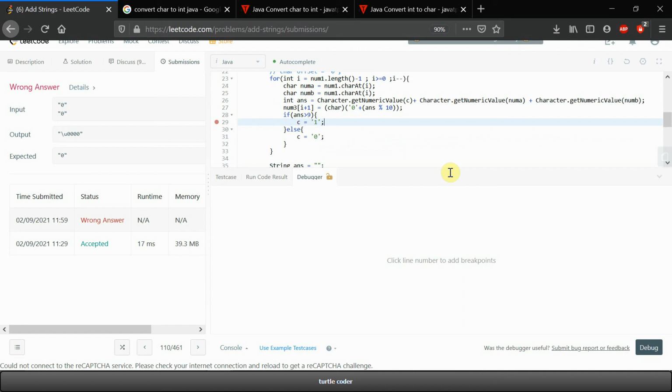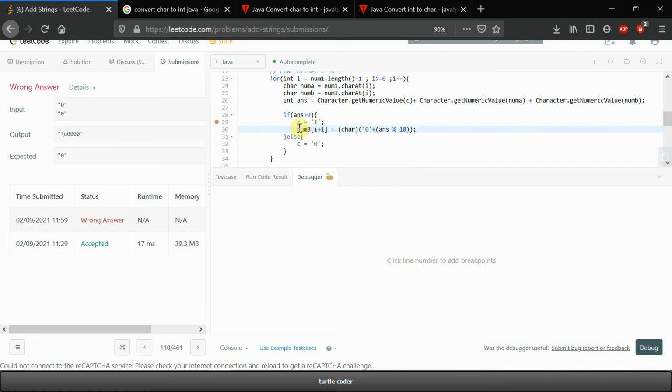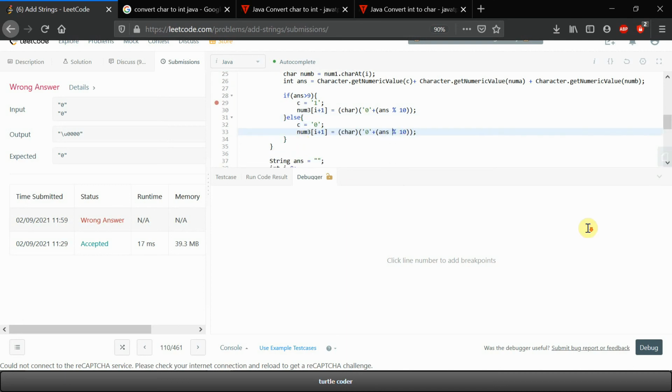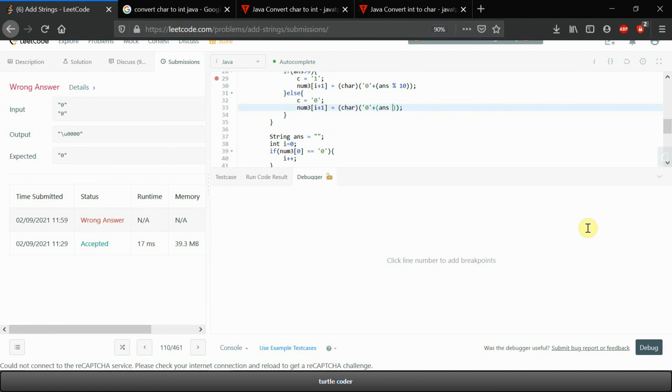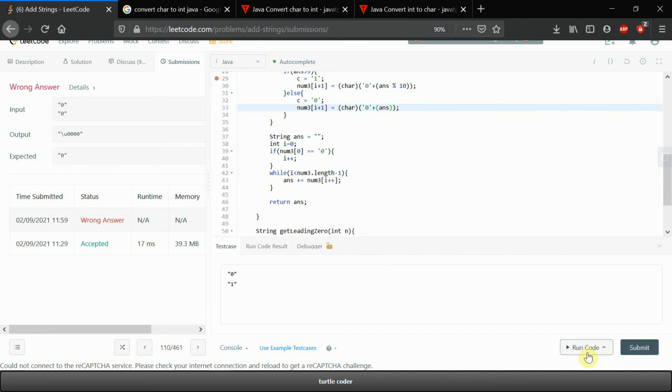Now if my answer is greater than 9, my carry would be 1 and my answer should be answer mod 10. But if my answer is less than or equal to 9, in that case my carry should be 0, and my answer would not be answer mod 10 but just the answer itself. And I think now we should be running our test case.